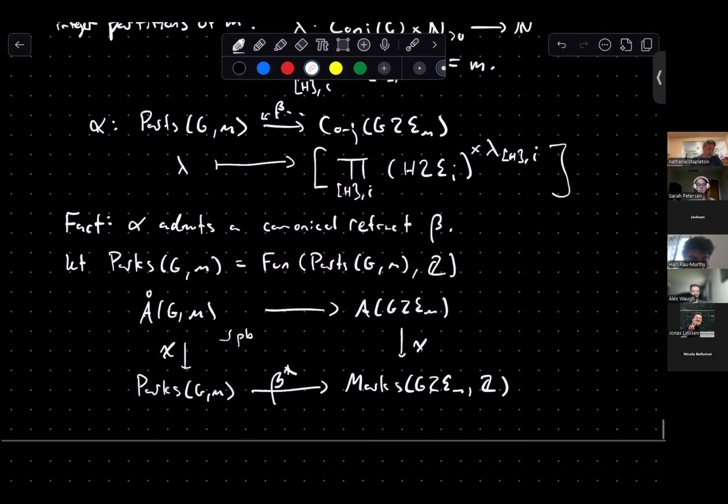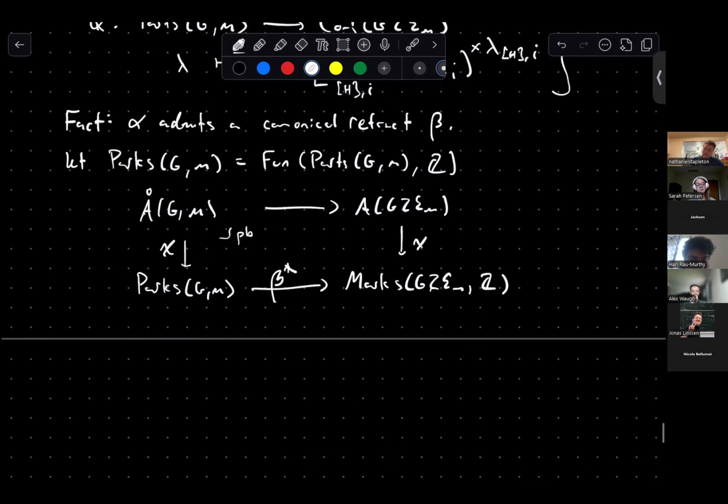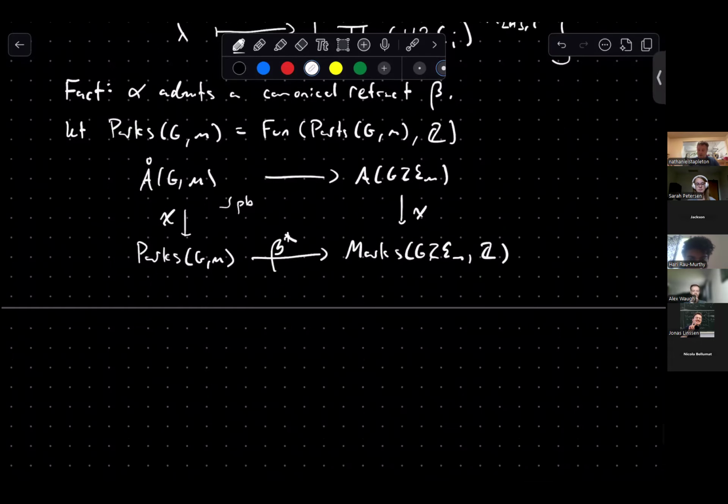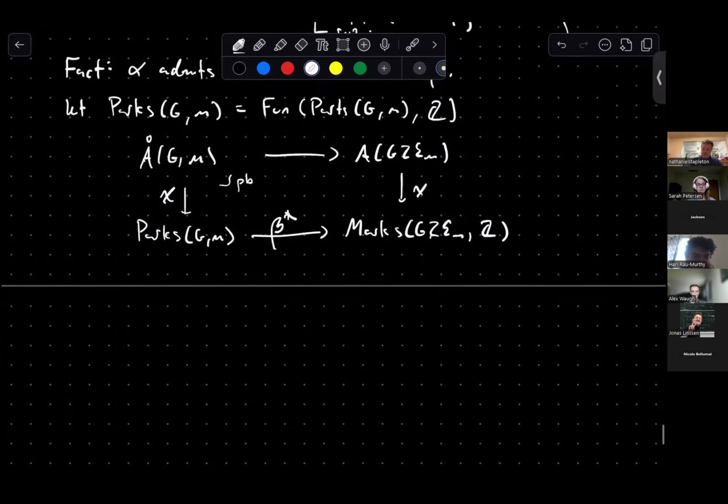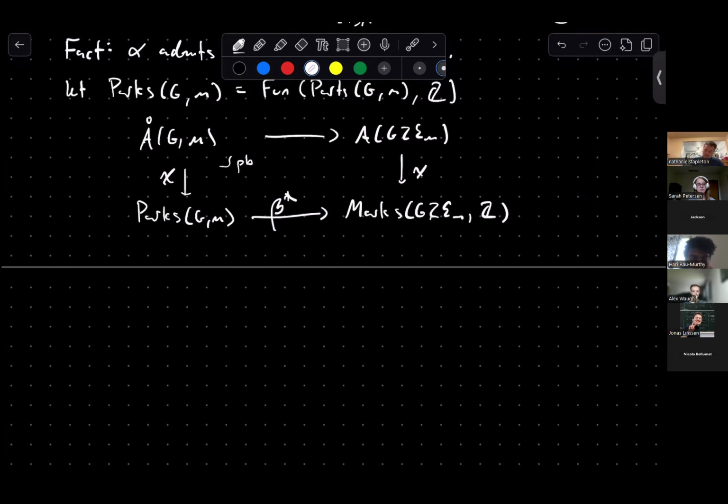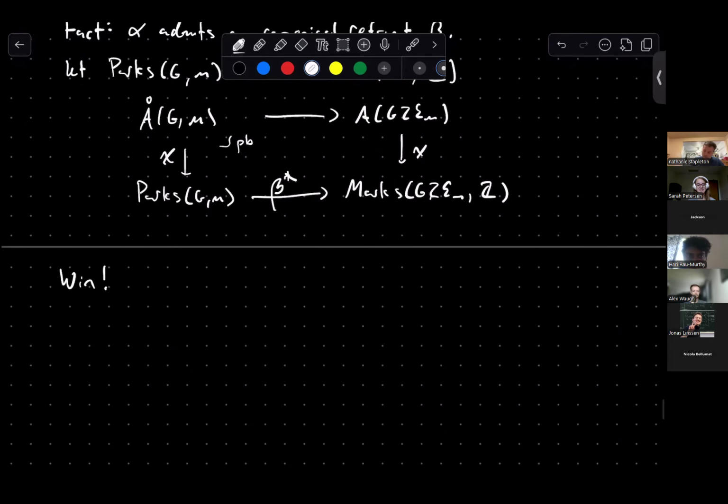And this allows us to give a formula for the power operation for Burnside rings on the level of Marks. So we win something big here, which is, well, what do we know? Well, we have the power operation.